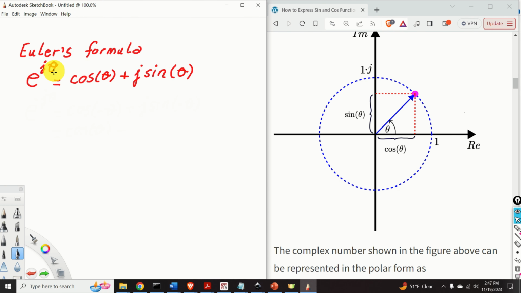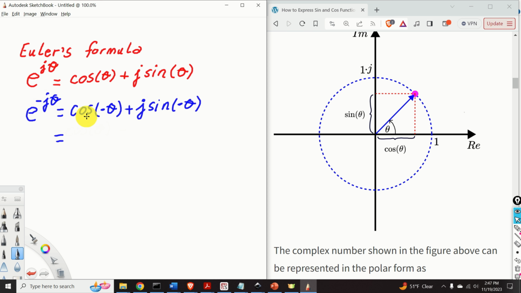Let us now substitute in this formula theta by minus theta. As the result, we obtain the following formula: e to the power minus j theta is equal to cosine of minus theta plus j sine of minus theta.